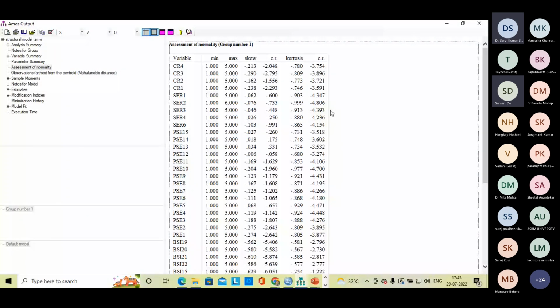If it is a two-tail test, then minus 1.98, and plus 1.98. So almost everything we take from minus 1.98 to plus 1.98. So if your t values are between minus 1.98 and plus 1.98, then multivariate normality holds good and has not been violated.